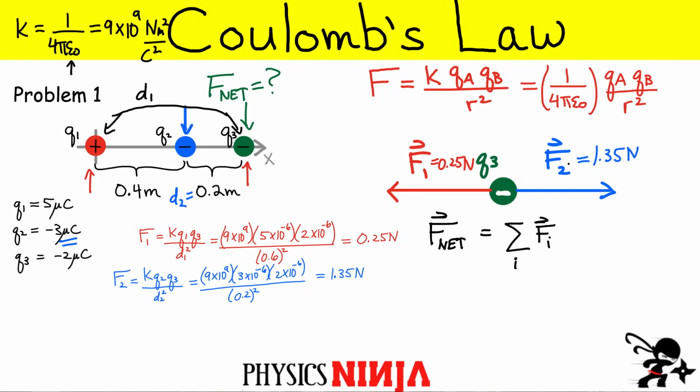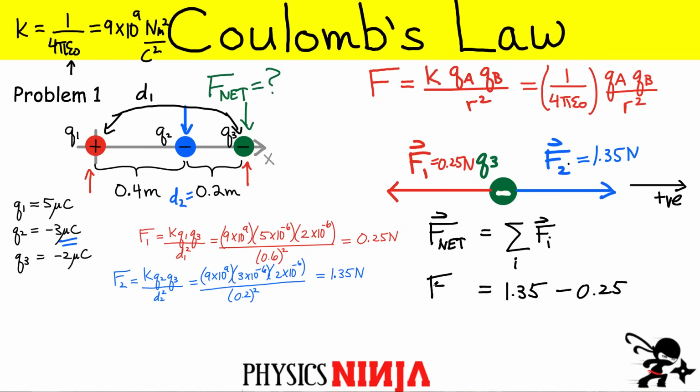Okay, so what I'm going to do now is I'm going to assume that everything pointing to the right-hand side is going to be a positive force, and everything pointing to the left-hand side is going to be a negative force. So at the end, if you want to add both of these up, I would say there is a positive 1.35 Newton force acting to the right, and there is a negative 0.25 Newton force acting to the left.